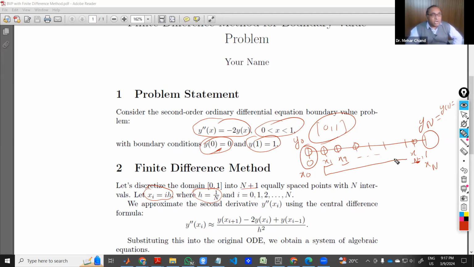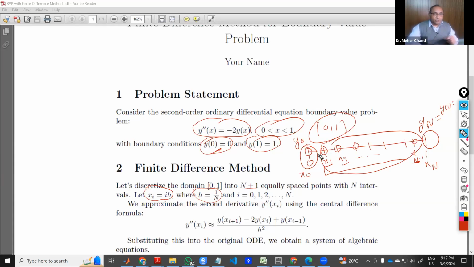If these are the unknowns, then there will be n minus 1 equations. After establishing these n minus 1 equations, we will reduce this system of equations into matrix form, and then we will apply the MATLAB code to compute all these intermediate values.